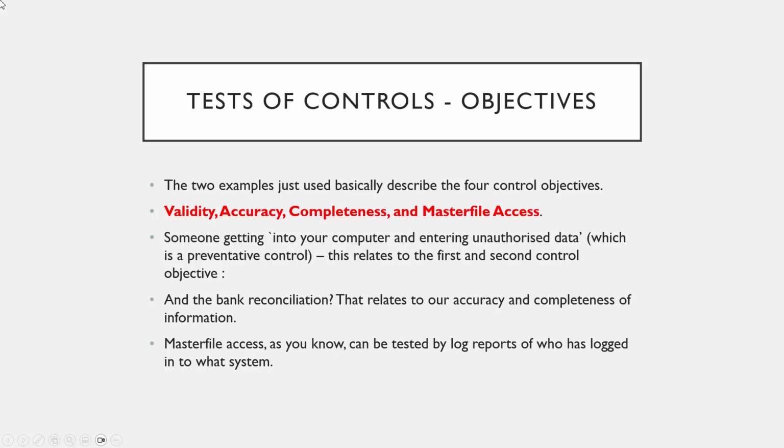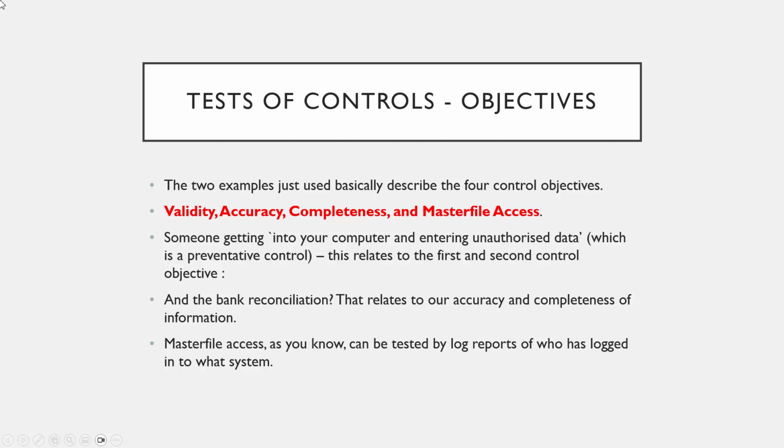If master file access is poor, no matter how well the bank reconciliation is reviewed and signed, if anyone has access to the bank account or the bank master file, that means effectively you're not sure if the data is valid, accurate, or even complete.